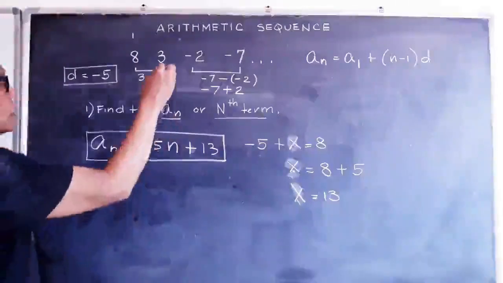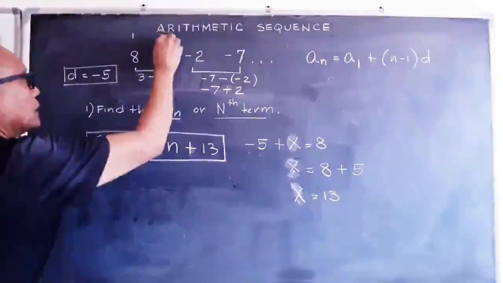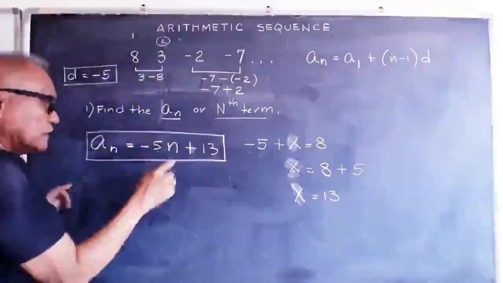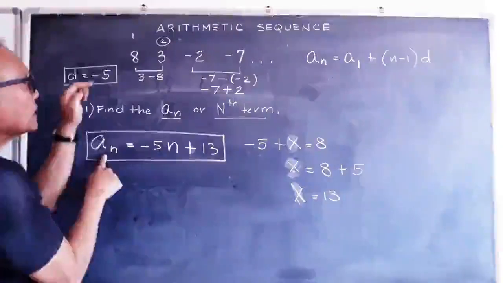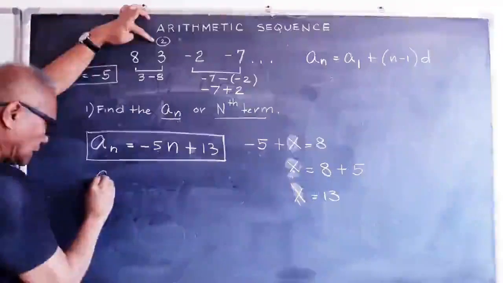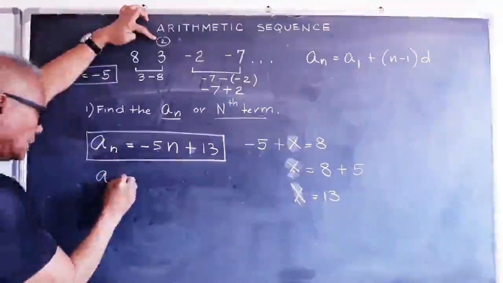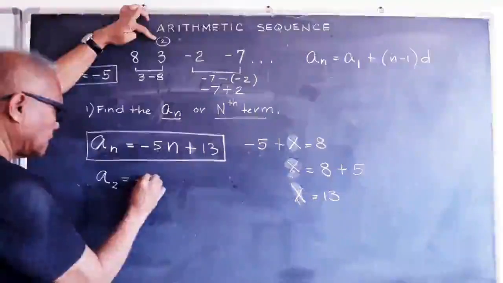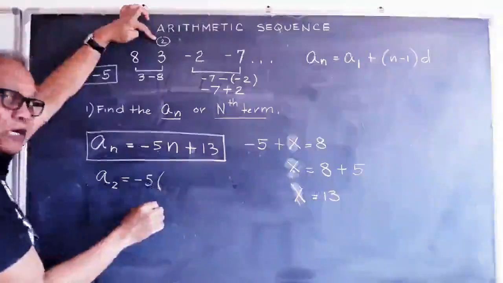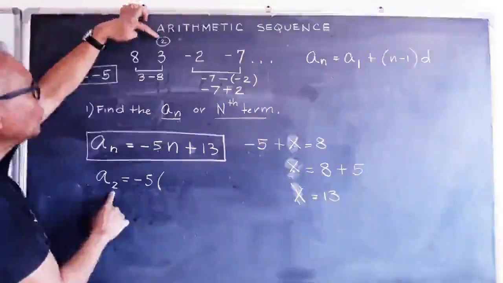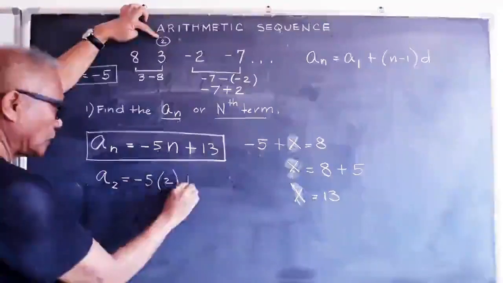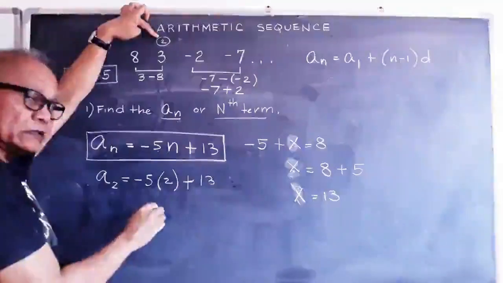Now, let's check the second one here. If this one will be 3. So let's check the second one. A sub 2, because we are looking for the second, is equal to negative 5 times what is our n? It's 2. Plus 13.